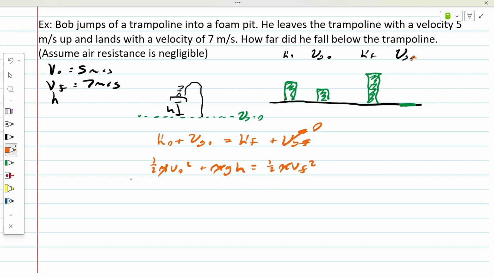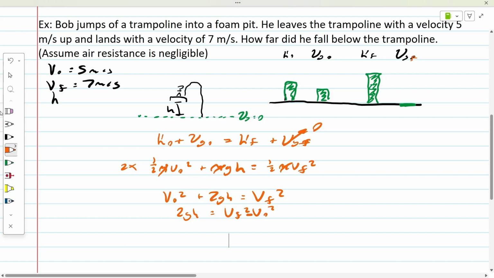And so I'm also going to multiply by 2 to the whole equation to get rid of all the fractions. So we just have v naught squared plus 2gh equals vf squared. And so now we can move our equation around to solve for h. Should be minus here.